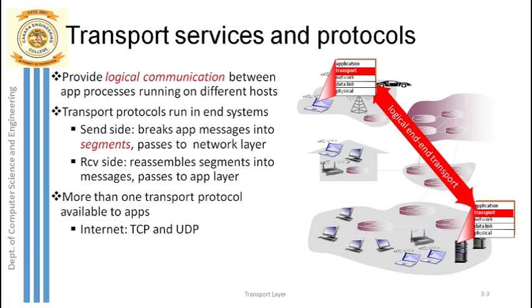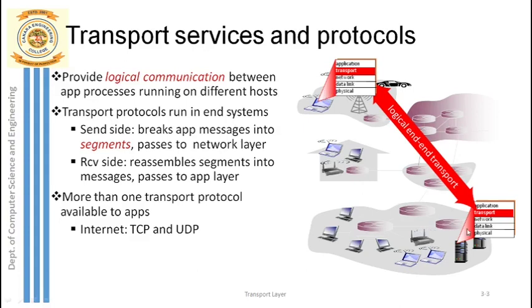So you call that a process running in the sender system. That process will be developing a communication with the receiver's process. What is that receiver's process? Again, the receiver is running an email application, or he might be running a messenger application. So it is basically communication between two processes, or you can also call it communication between the two applications running in the sender system and the receiver system respectively.